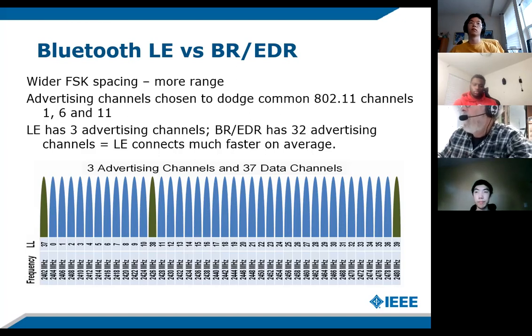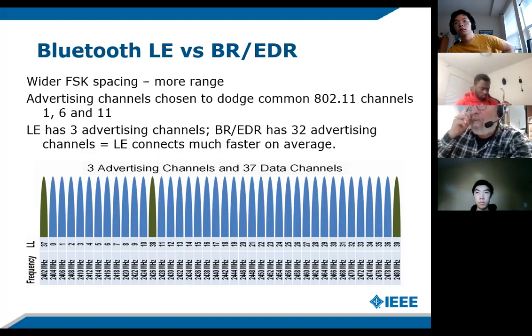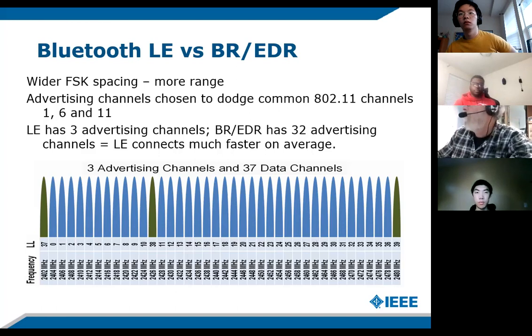And so a device that wants attention will beacon and beacon and beacon. That means a device that's listening for something to beacon only has to listen to 3 channels, not 32 channels. So the whole process can collapse down in time. So it connects a lot faster on average.